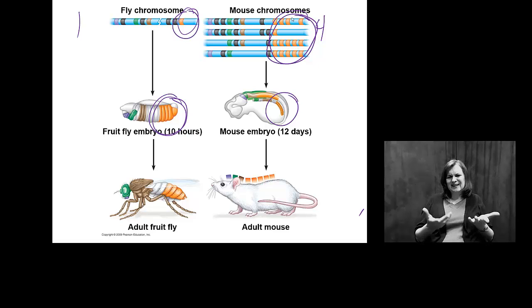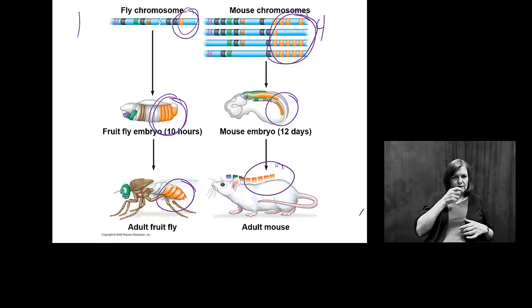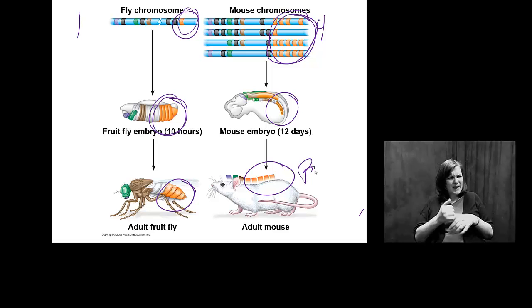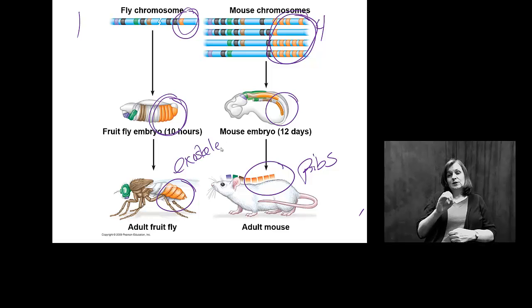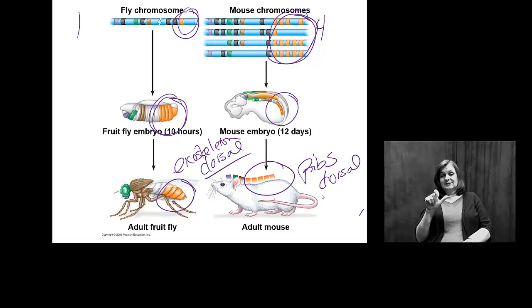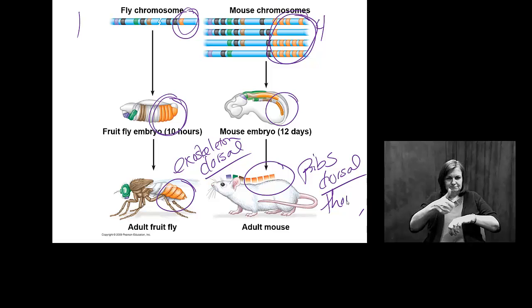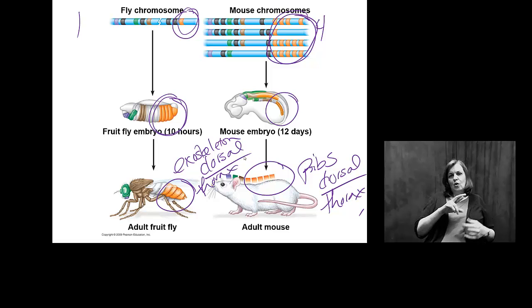When I actually come down and look in my adult organisms, I got orange here and I got orange here. What did I make? Probably made ribs in my mouse. I made an exoskeleton in my fly. But I made a dorsal side, dorsal on both sides. I gave it particular definition as far as being part of the thorax and upper abdomen.